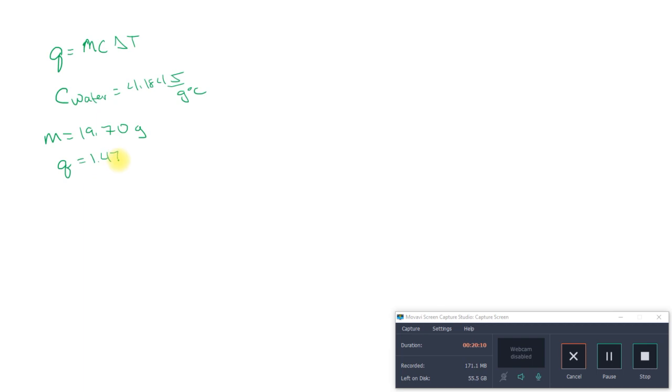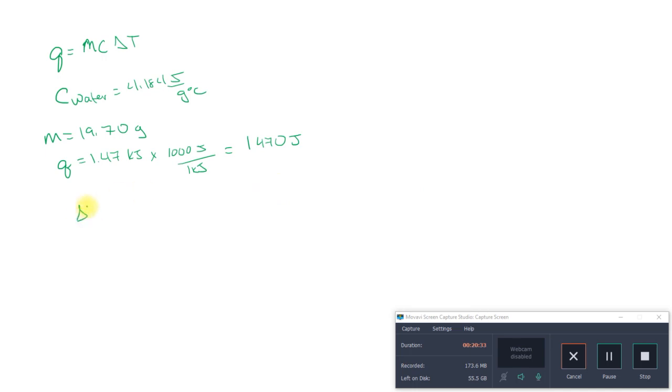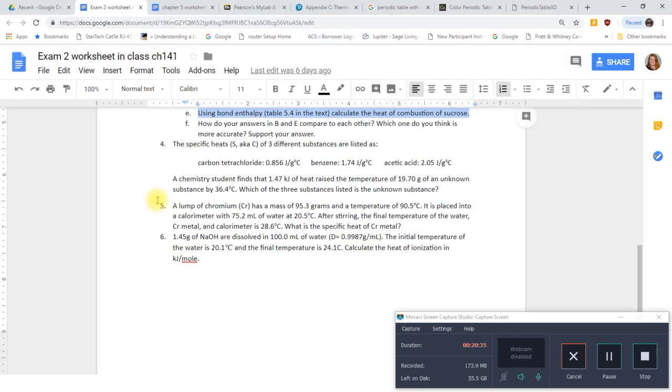Usually we see that in joules, so I'm just going to go ahead and jump on that right away, because joules per gram degree C is the units for our C values. So I'm just going to go ahead and do that. Then it says that the temperature was changed, it was raised by 36.5, so that means it's a positive delta T. 0.4.